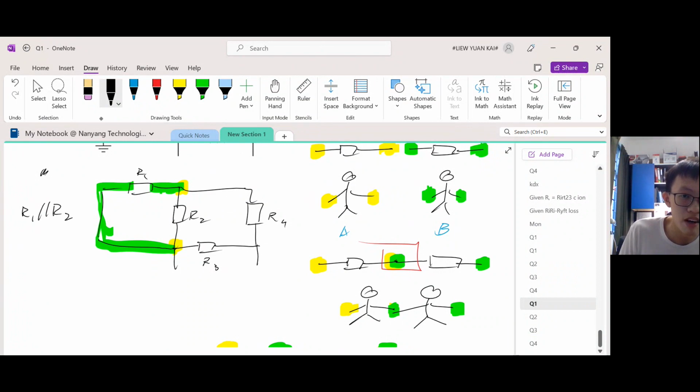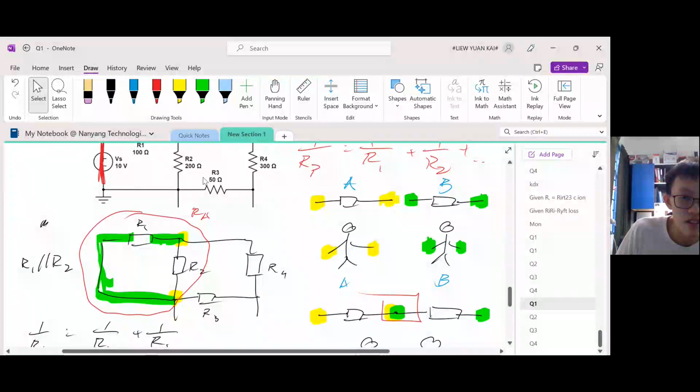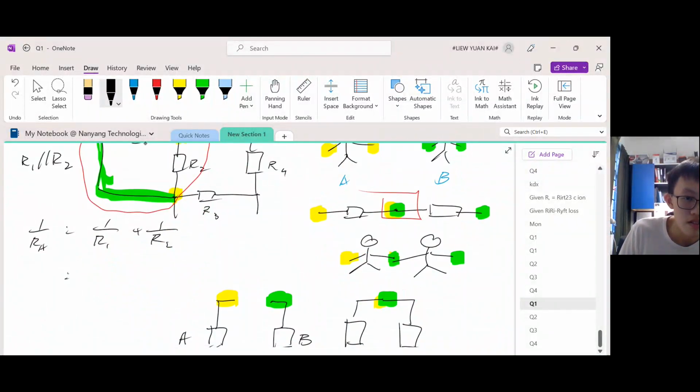Okay, so we're going to add up R1 and R2 together. Let us call this RA. To find RA, we use the parallel formula. R1 is 100, R2 is 200. Let me punch this in my calculator.